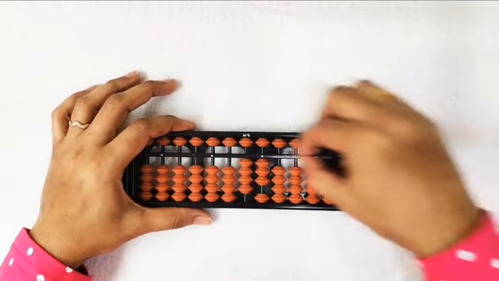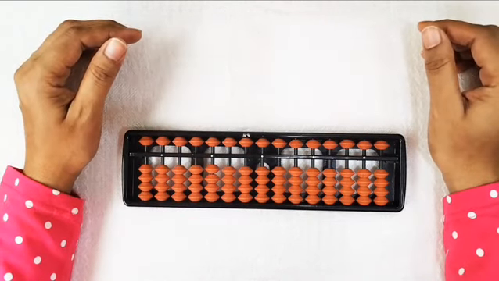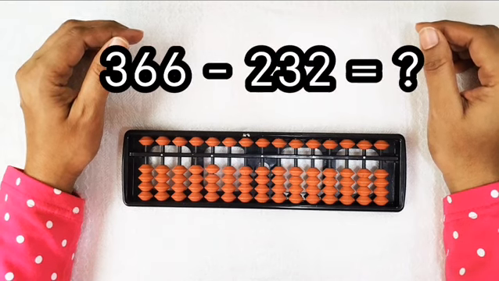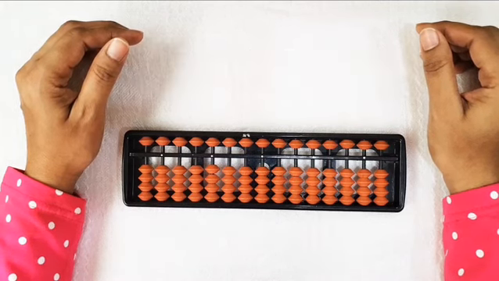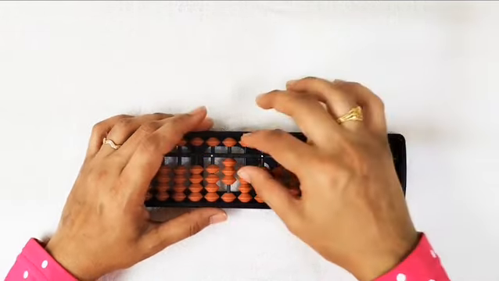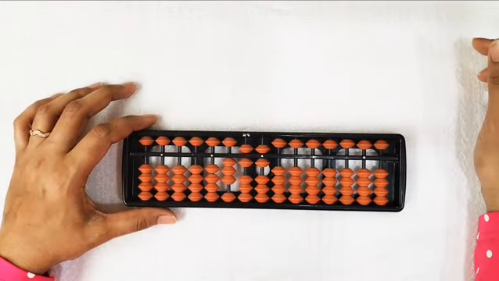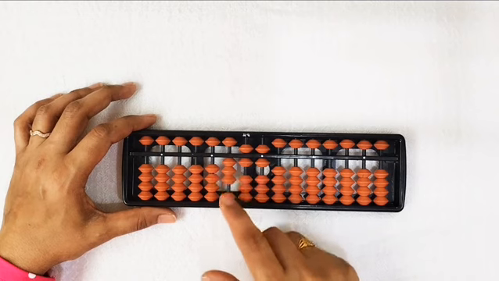Now, let us solve 3 by 3 digit numbers. Okay. The first question, 366 less 232. We first place the question here. 366 less 232. We'll go one step at a time. So less 200. Can we do it?